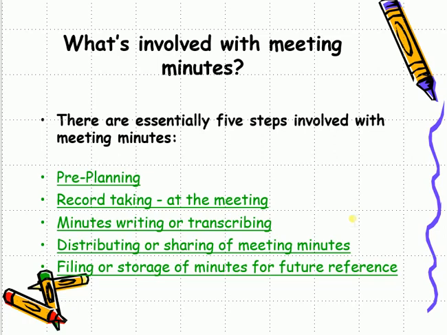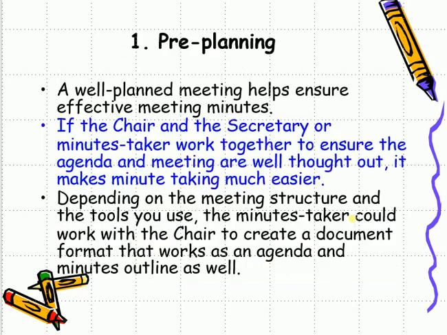If you are given the task to write the minutes, so first while meeting you have to make the records. So after that you have to transcribe those minutes and share with all those who were attendees, and then you have to keep the record of that minutes of meeting for future reference.